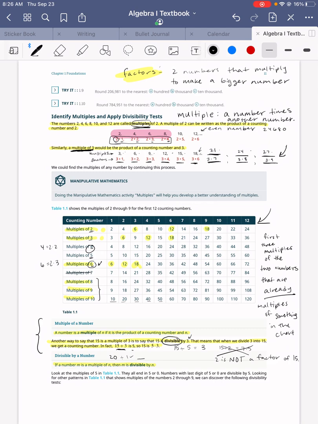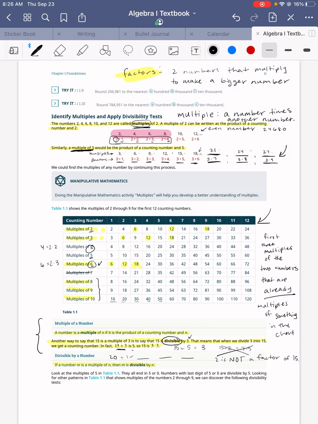I want you to write 3 more facts. 20 divided by, and then something that is a factor of 20. A number that if you divide 20 by it, you get a whole number, a counting number, and not a decimal.